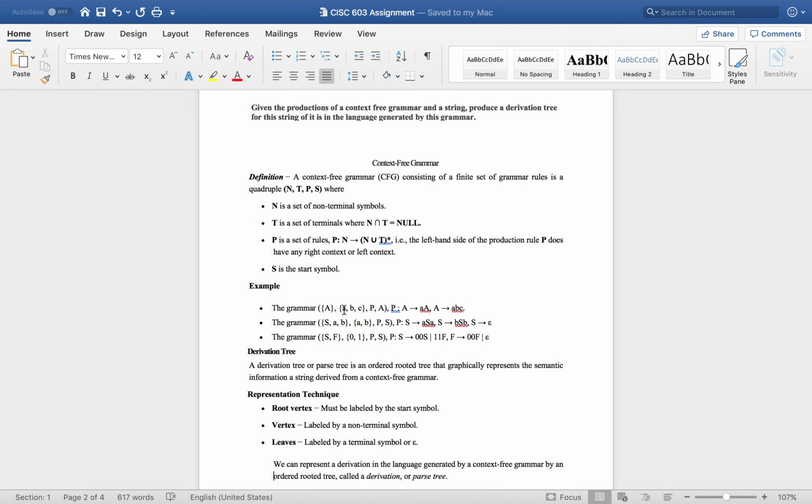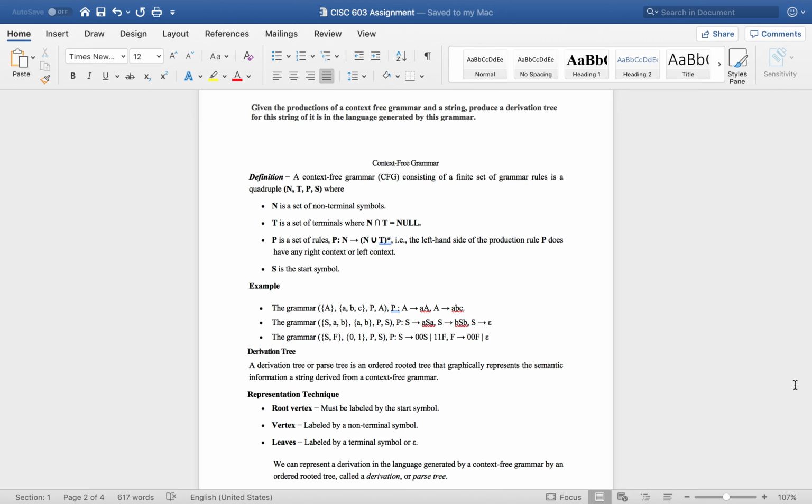Let's take one example of a grammar: the set {A}, the set {a, b, c}, P and A, where A produces a, and A again produces b, c. So A is equal to abc also.